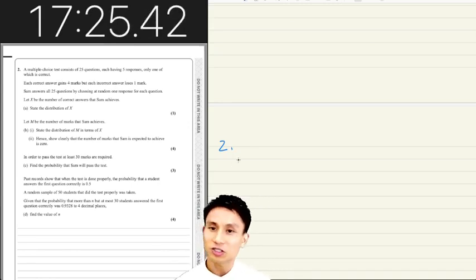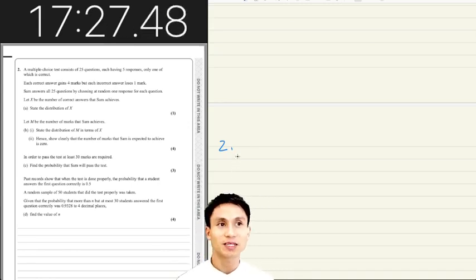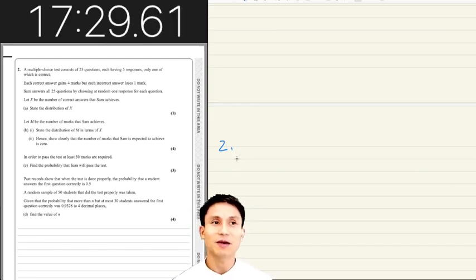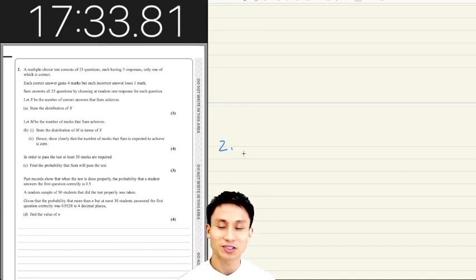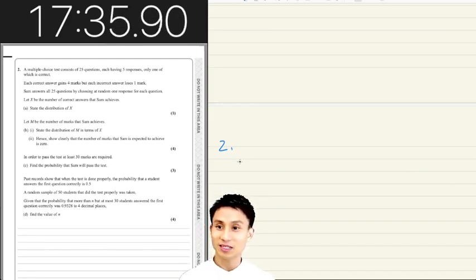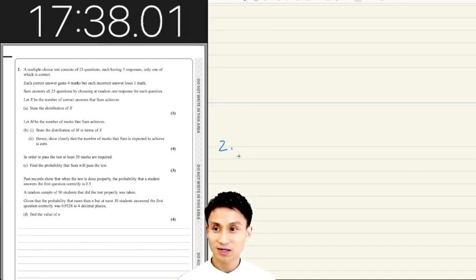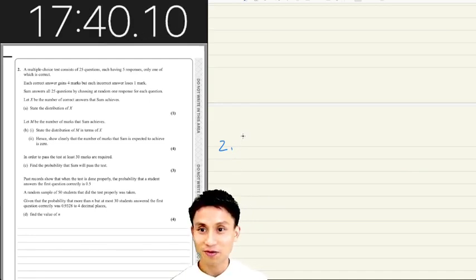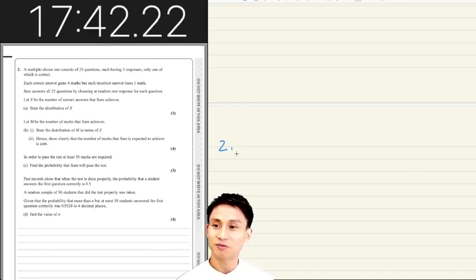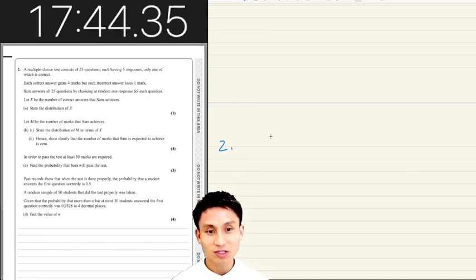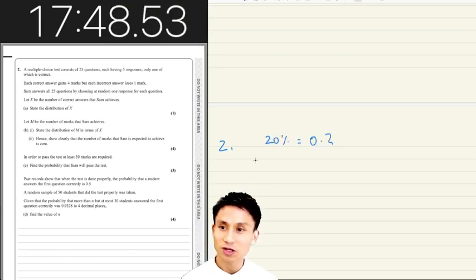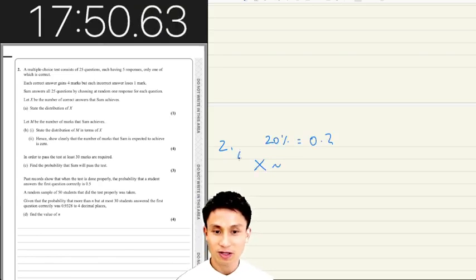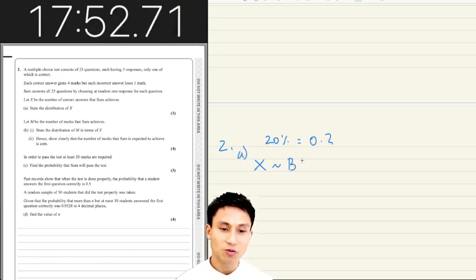And because each question has a fixed probability of getting it correct, which is, if you randomly guess a multiple choice question's answer, because there are 5 choices, you're going to have 20% chance of getting it right. So 20% chance is 0.2. That means we're going to model this as a binomial.